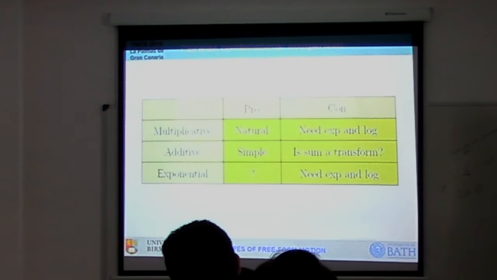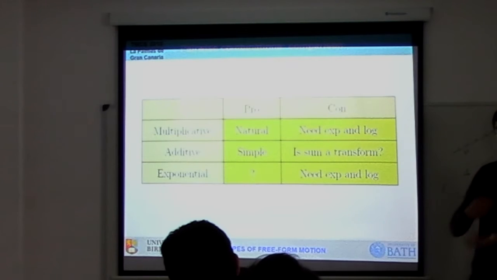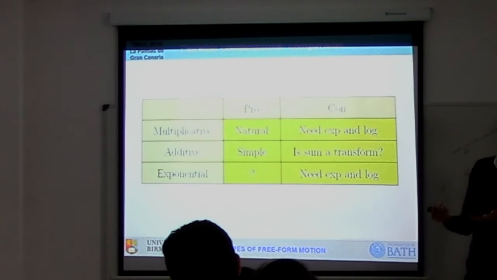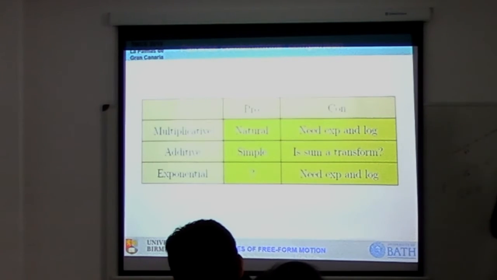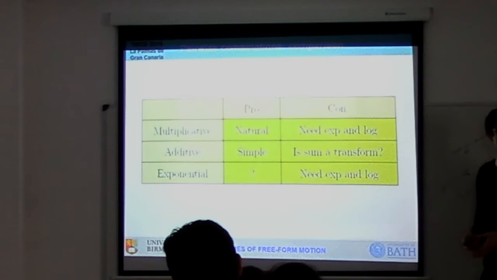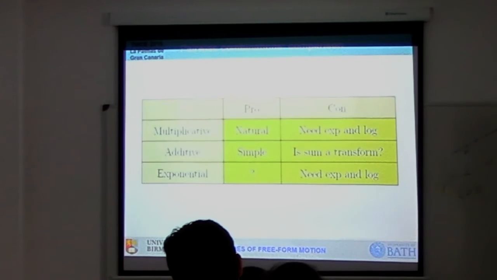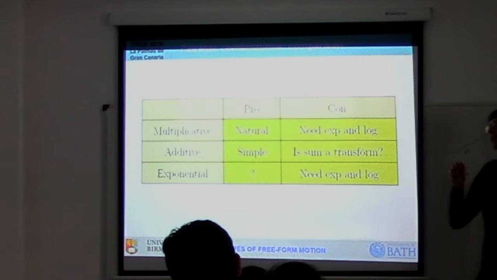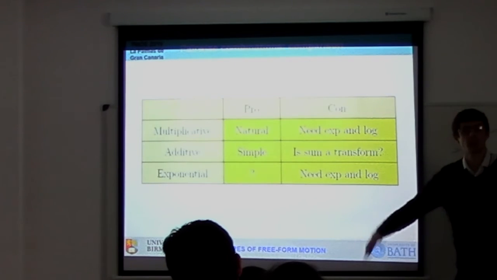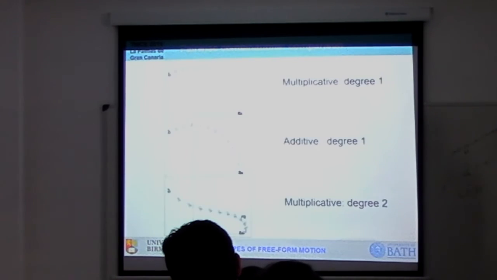The additive version is by far the simplest one, because it's analogous to the curve case, and so we have a normal Bezier transform, but there's some issue about what it means when you're taking these additive combinations. And then finally the exponential one is in between, but again we still need exponential and logarithm. So these are the difficulties when we're trying to do this mathematically.